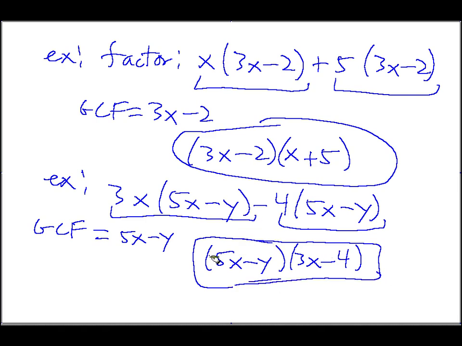Now let me twist this around on you just a tad here. Let me go clear out the screen. Actually, let me do one more before I clear out the screen. Let's factor this. 6x times (4x plus 3). Before I twist the example here, let me do another one for you.